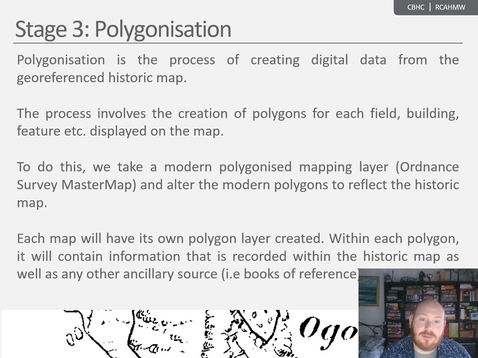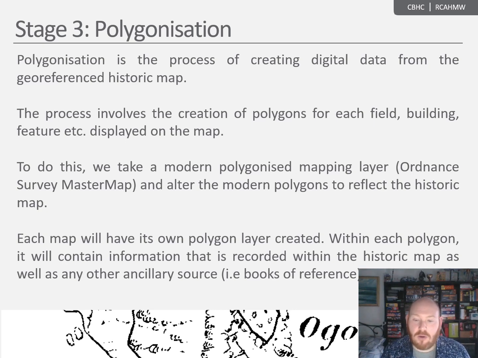To do this, we take a modern digital layer, called Ordnance Survey Master Map, and alter the modern polygons, so a building or a field, to reflect the historic map underneath. Because the historic map has been georeferenced to fit the modern map as best we can, we know where the changes are and what we need to merge and what we need to split. And once we've got that polygon layer, there's a database that sits behind it.